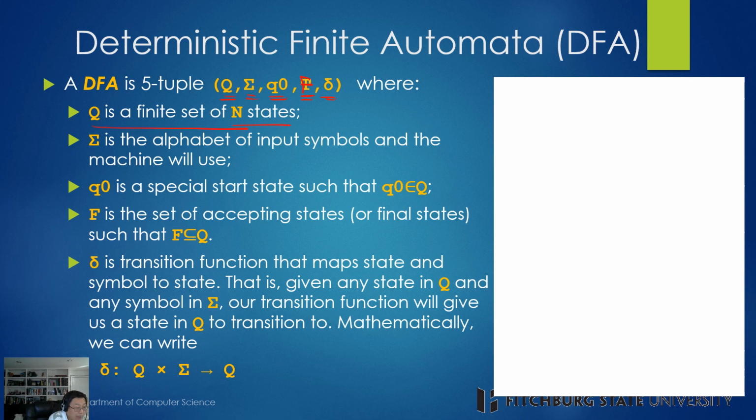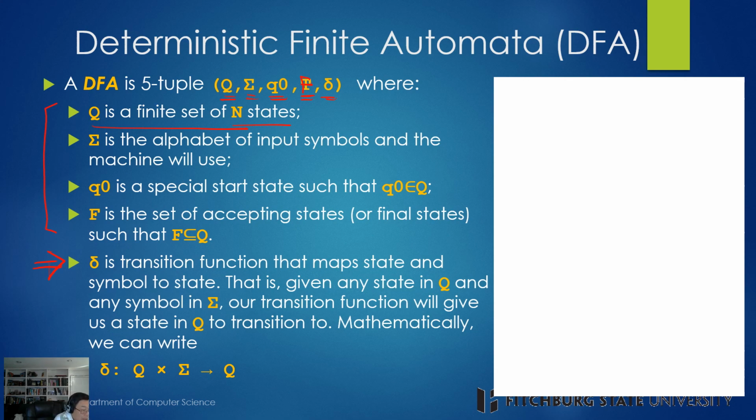That's the same as the general definition for finite automata. The first 4 elements are basically the same as the general finite automata. The only difference between deterministic and non-deterministic finite automata, NFA, is the transition function, the last element.